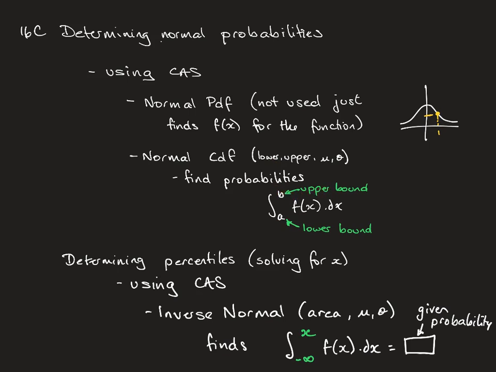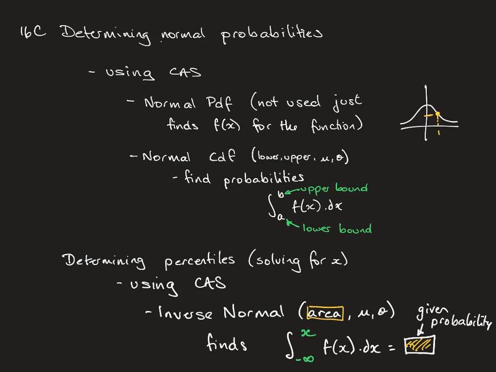If we're looking to solve for a particular x value that gives us a particular probability, we use the inverse normal function on the calculator, and we put in the area under the curve that we're trying to find. So the area under the curve is this bit here, that goes in there, and we put in our mean for our distribution and our standard deviation.